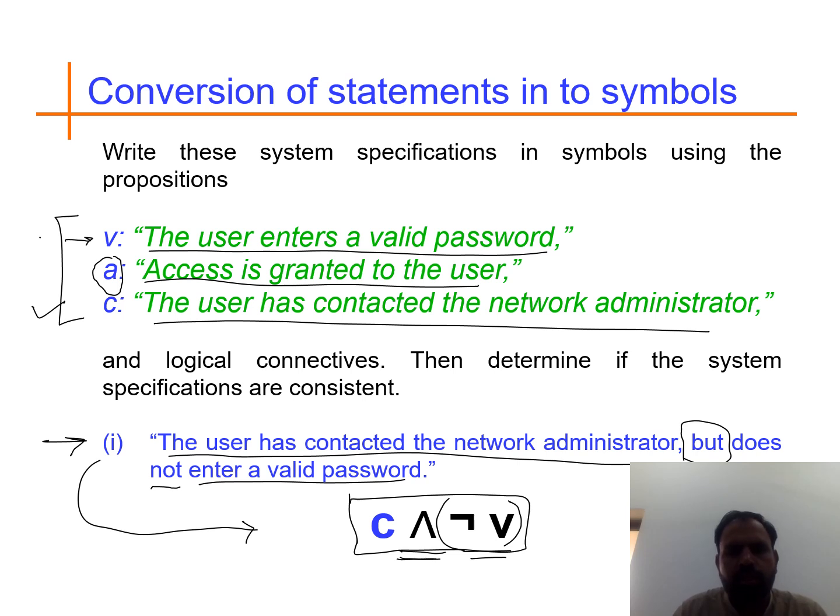The user has contacted the network administrator but does not enter a valid password: C and negation V. The user has contacted the network administrator and the user enters an invalid password: C and negation of V. Here V is the user enters a valid password, so its negation means the user enters an invalid password.